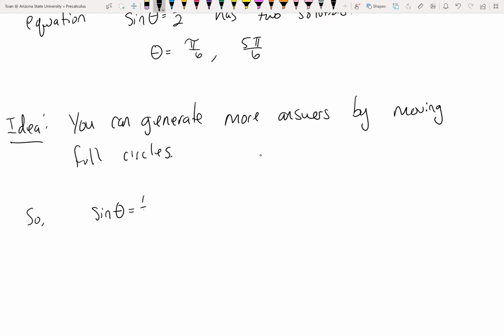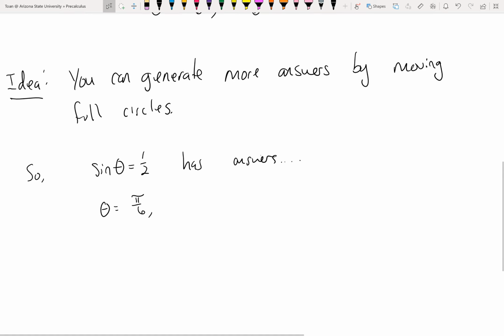So, sine theta equals 1/2 has answers. Theta equals pi/6, as we said. But I can get another answer by doing pi/6 plus a full circle, 2pi, right? But I could also move another full circle. I can get another answer by adding 2 pi's, that's adding 2 full circles.